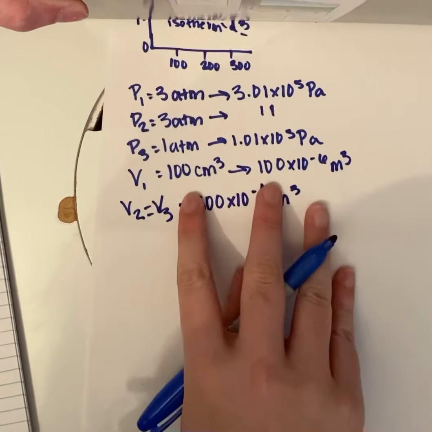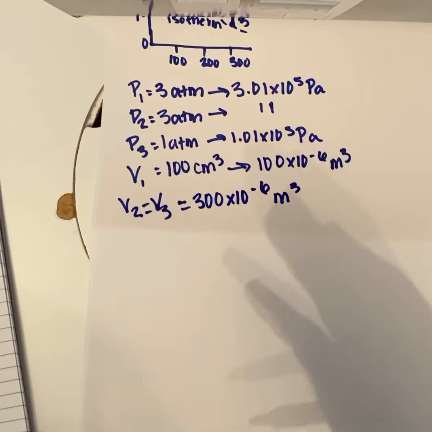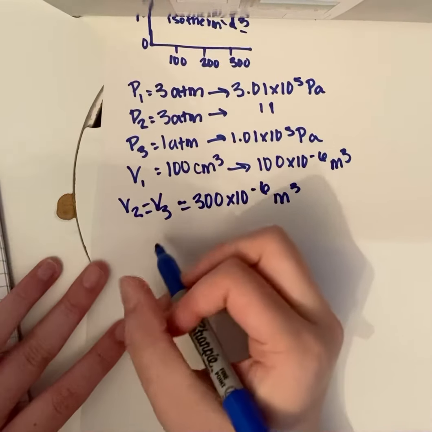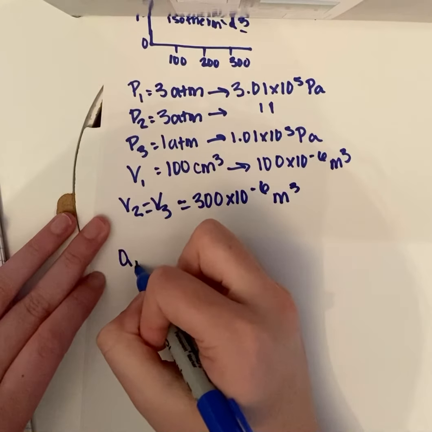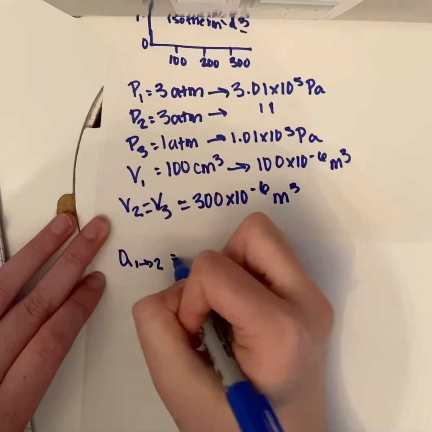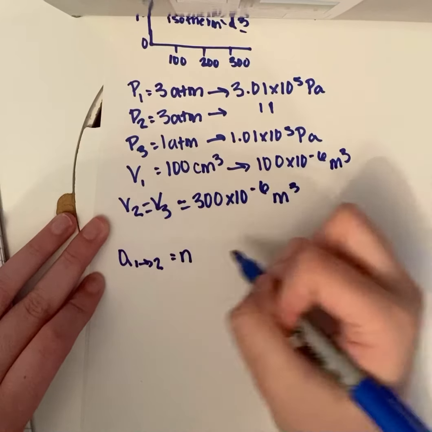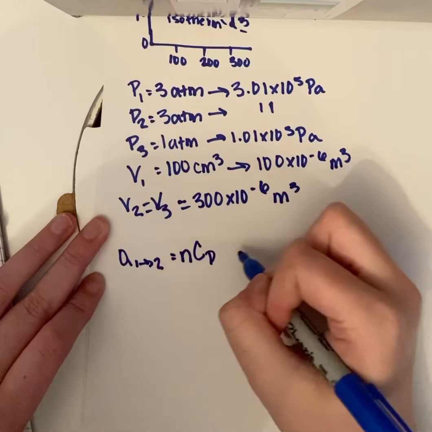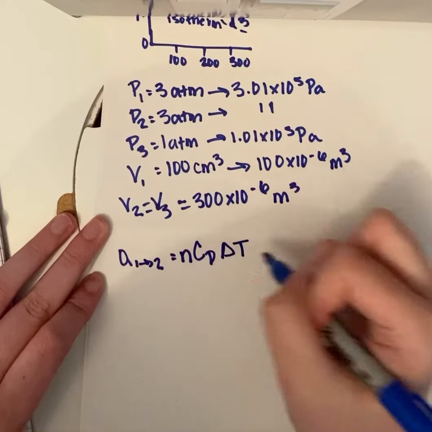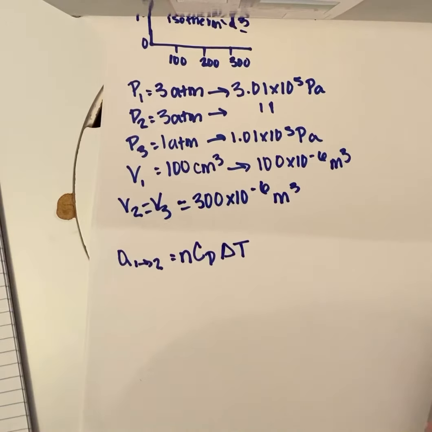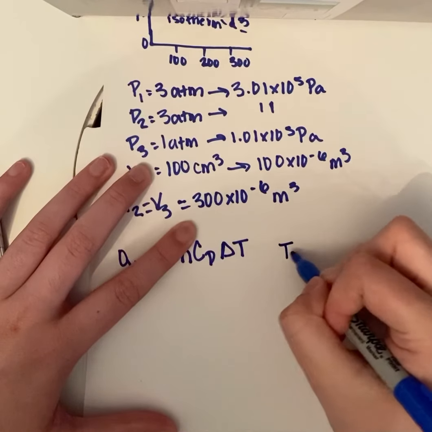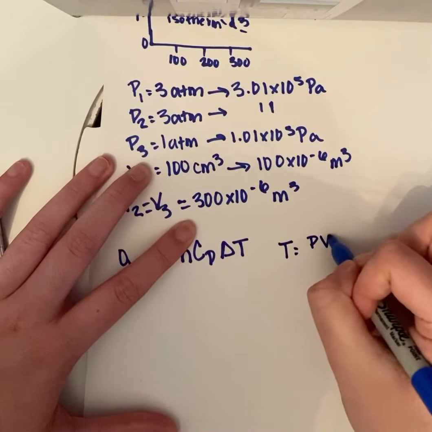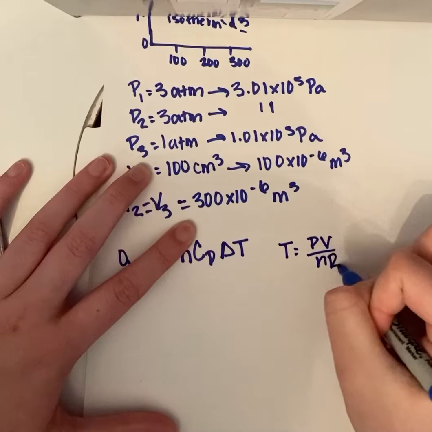Okay, so now we want to find the heat that it takes for it to go from process 1 to 2. So we're going to use the equation Q, say 1 to 2, is equal to the number of moles, the specific heat capacity, and the change in temperature. We know from our ideal gas law that PV equals nRT, therefore T in this case is equal to PV over nR.